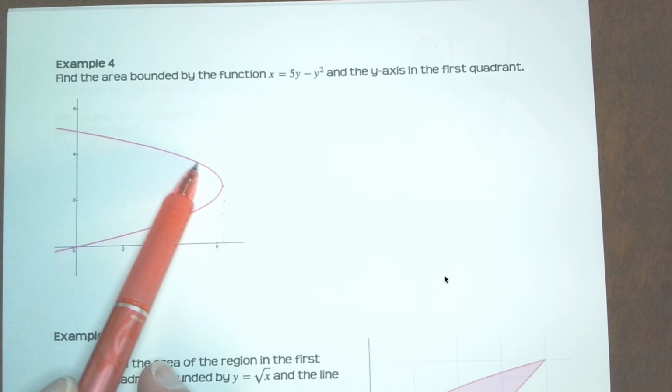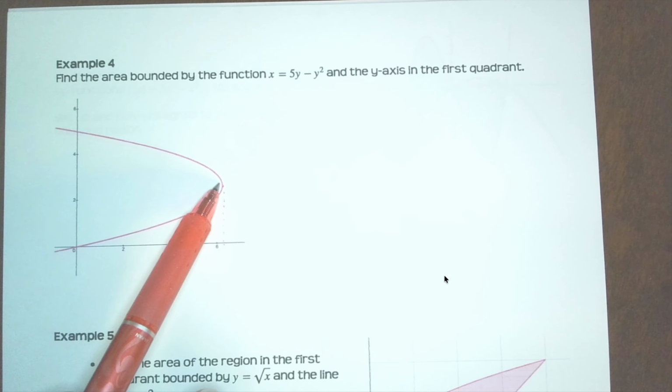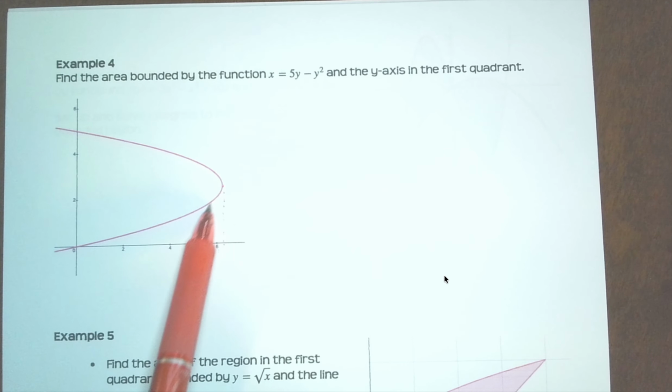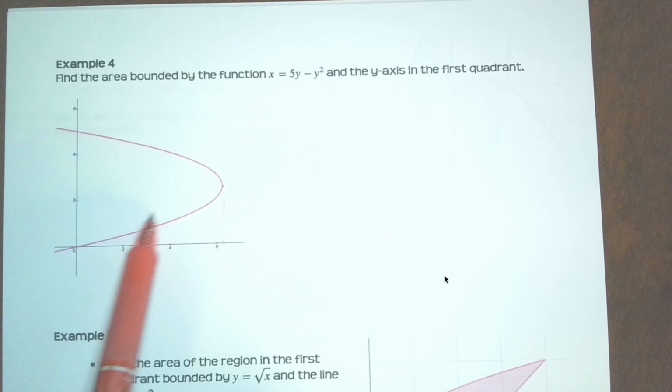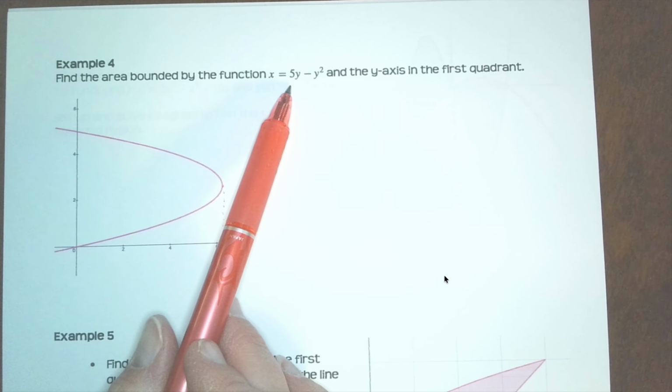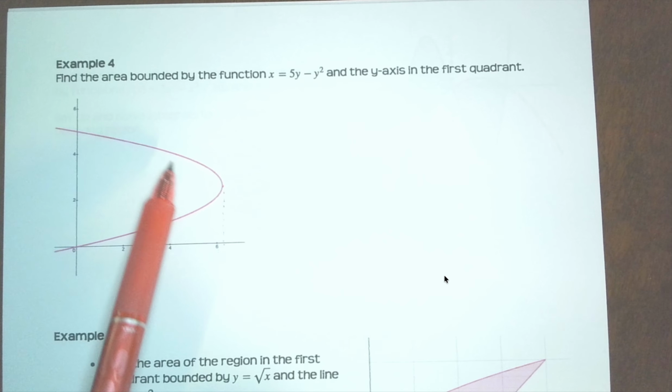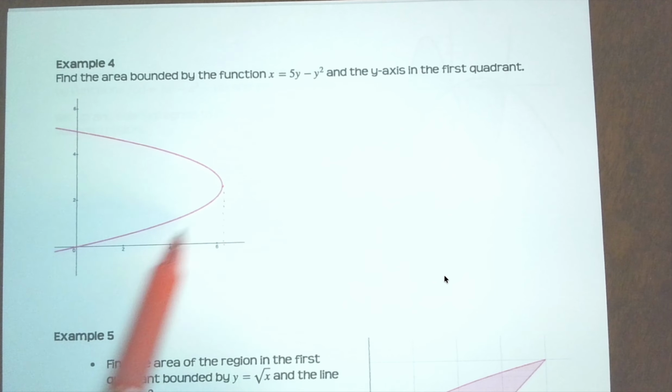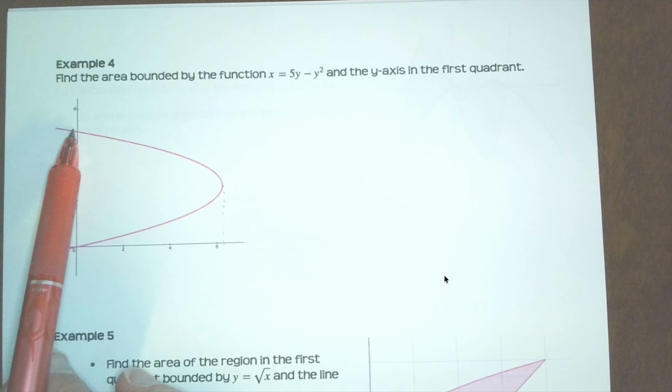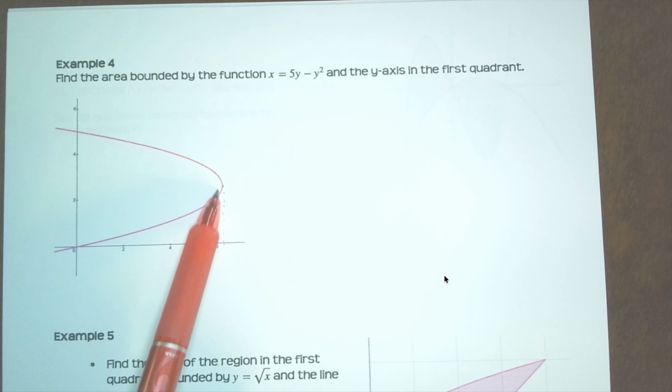The positive side would be the top part of the arc, and the negative side would be the bottom part of the arc. So if I could write those two separate equations by doing some crazy solving here, I could do one function minus another, right? And if I did this function minus this function, that would give me the area in between.